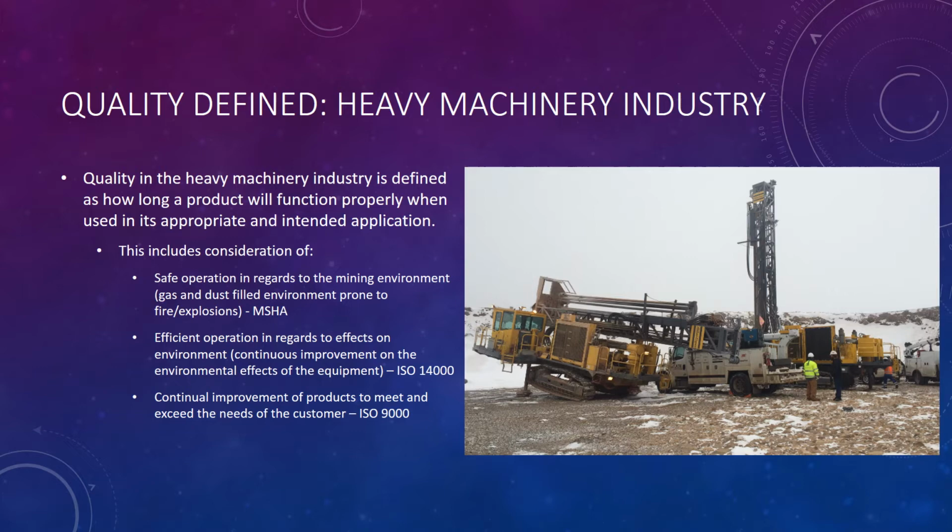The next point is efficient operation in regards to effects on environment. So continuously improving on the environmental effects of the equipment, and that comes from ISO 14000. And finally, continual improvement of products to meet and exceed the customer's needs, ISO 9000.